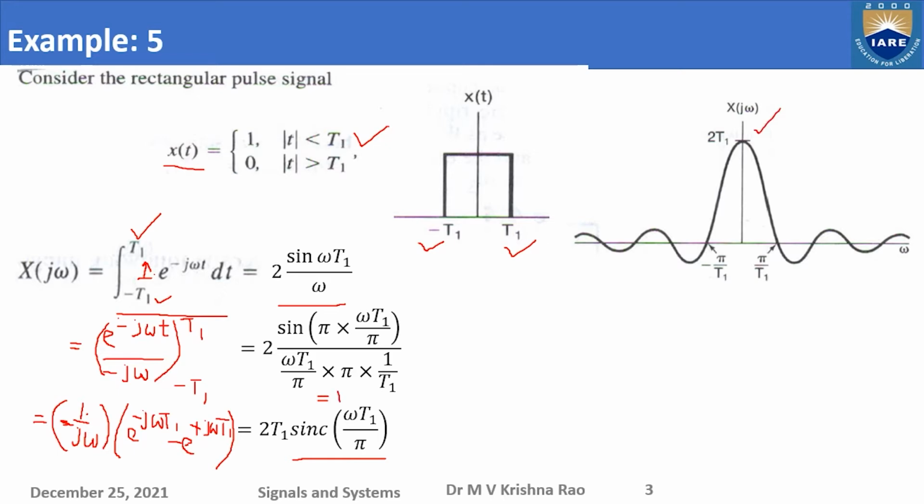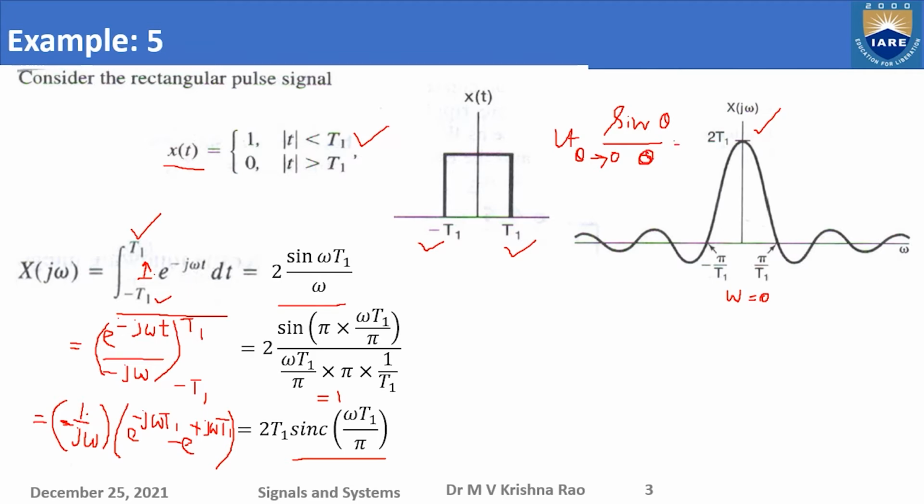So at the center, it is at omega equal to 0. At omega equal to 0, what does this sinc function become? It becomes sine 0 divided by 0 as a limit, basically sine theta by theta with theta 0.